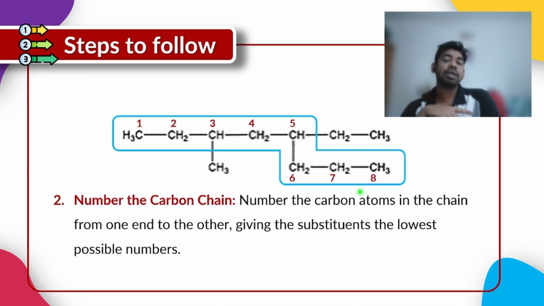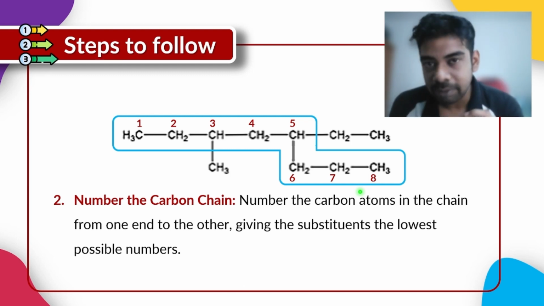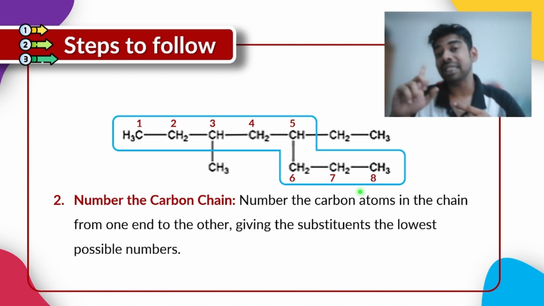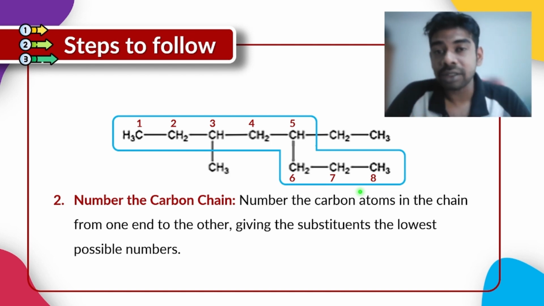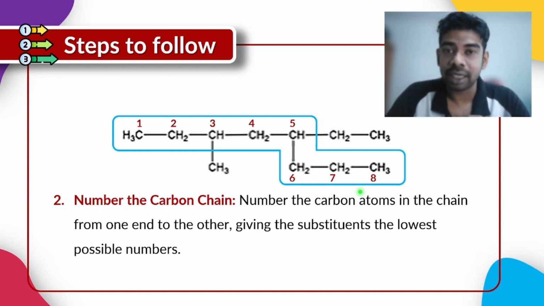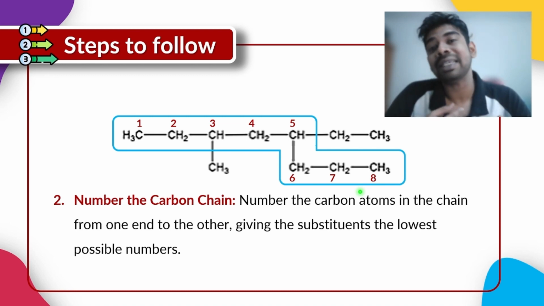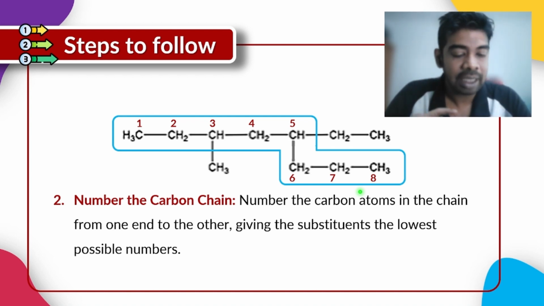In step number two, you have to number things out. While doing this numbering, you always have to make sure, number one, that the functional group with the higher priority gets the least number. Number two, when you have a functional group and branches attached, the sum of all of them should be the minimum possible.